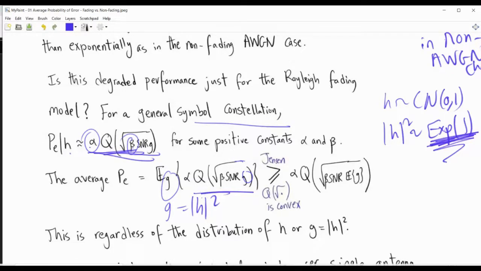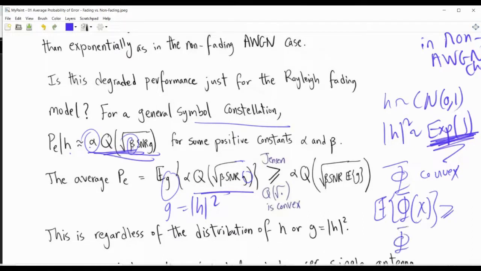So this is a convex function. Jensen's inequality tells you that if phi is convex, then the expectation of phi of x is greater than or equal to phi of the expectation of x. So we can apply Jensen's inequality, and we can apply the expectation to the argument, which here is G.